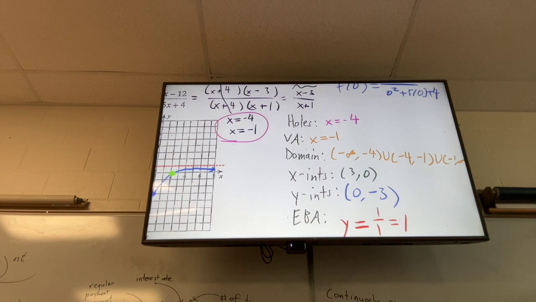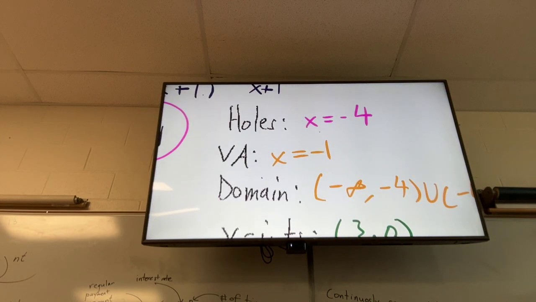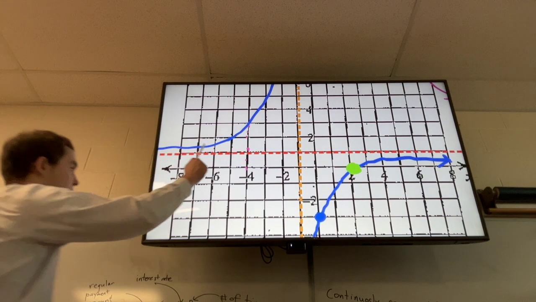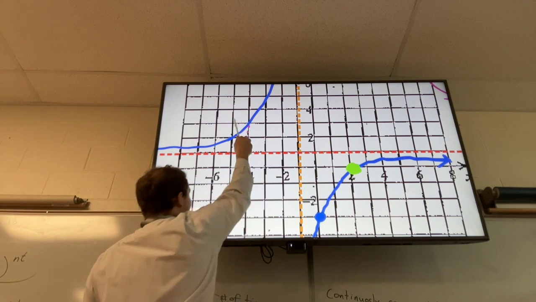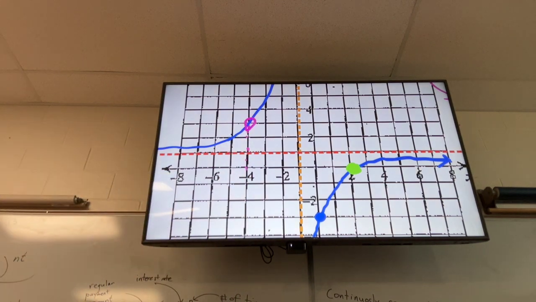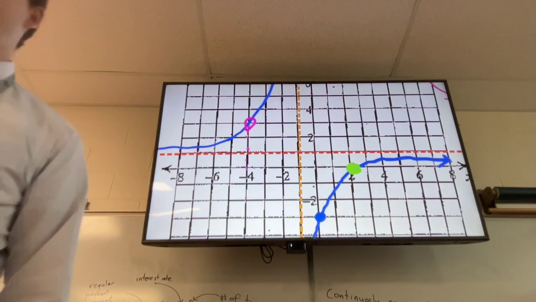Then what you have to do with your hole is go to x equals negative 4, go up to your curve, and just draw a hollow circle there. That's how you plot a hole in your graph. It just looks like a hollow circle, right? Just a single point of our graph is gone, okay?